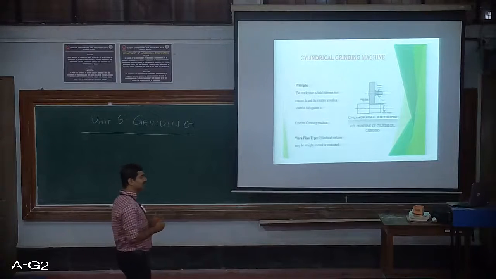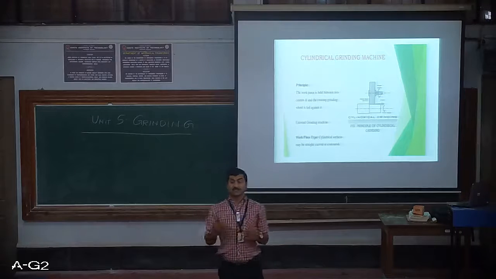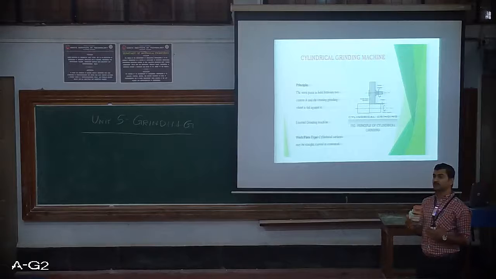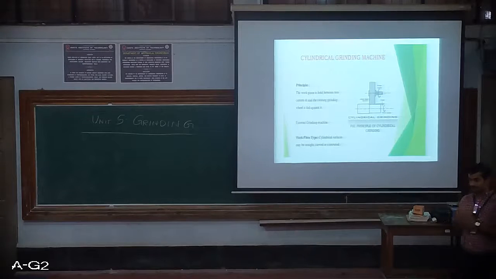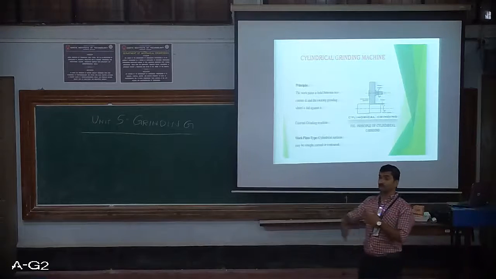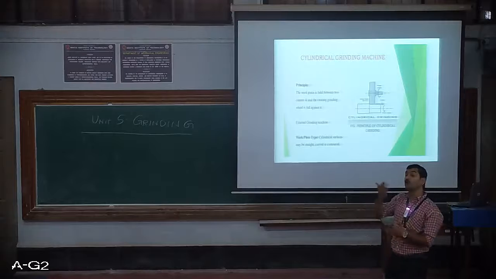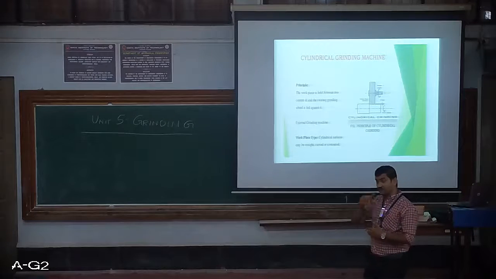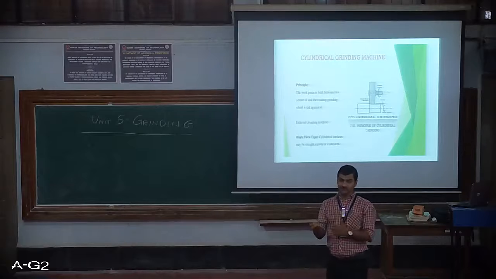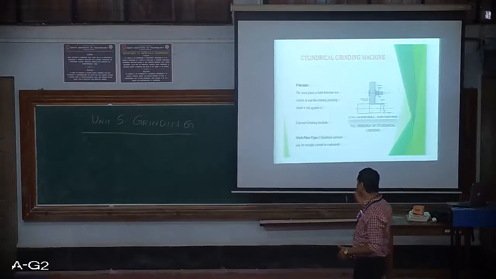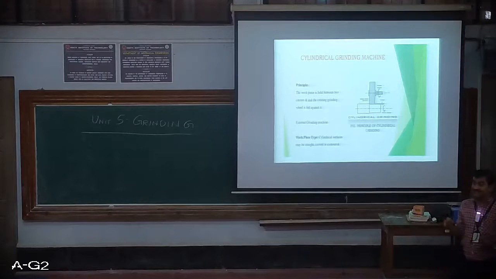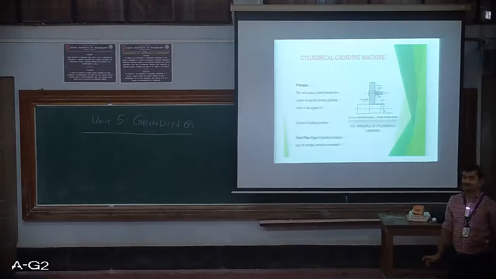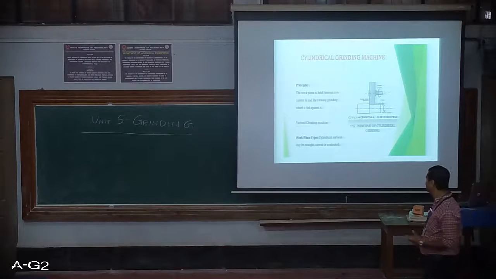Similarly, we have another version called the internal grinding machine, used for the internal surface of a cylindrical component. Suppose you have a hollow shaft, or a hollow drum, and you want to machine the internal surface and remove a layer of material. In those cases, you go for internal cylindrical grinding. At present, this is your external cylindrical grinding machine.